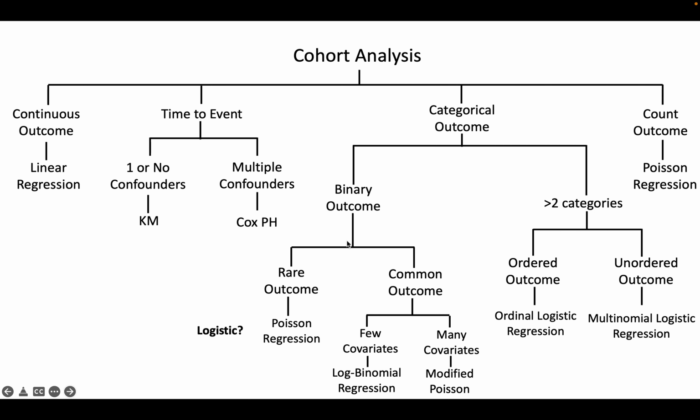But if the event is common, then some of the assumptions of the Poisson distribution aren't met. So you can use a modified Poisson regression, which basically is doing the same thing but permits the outcome to be more common.